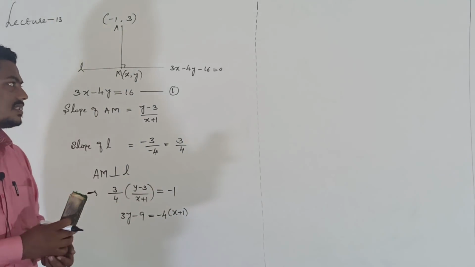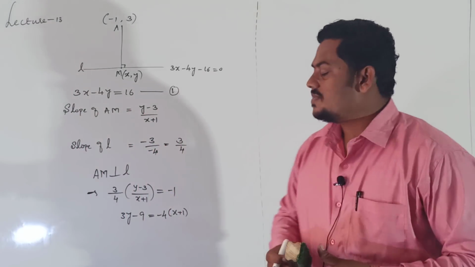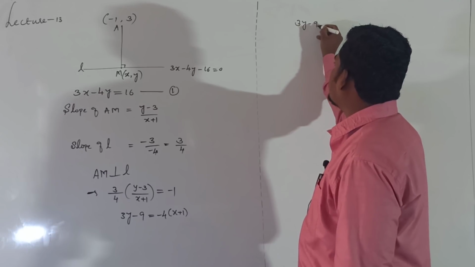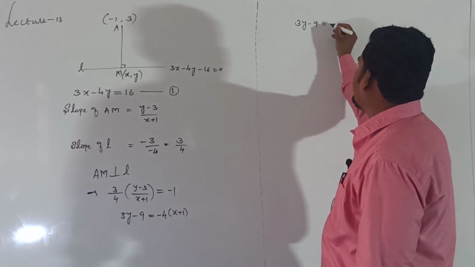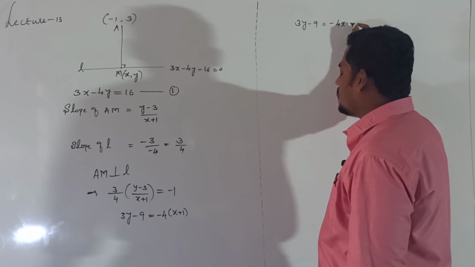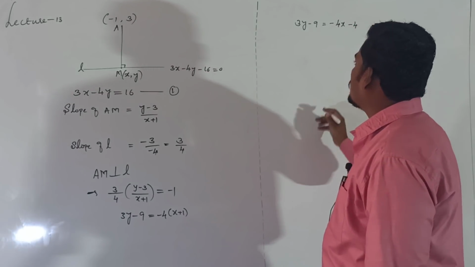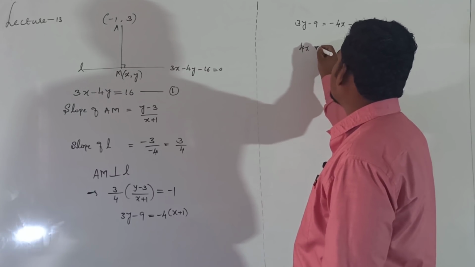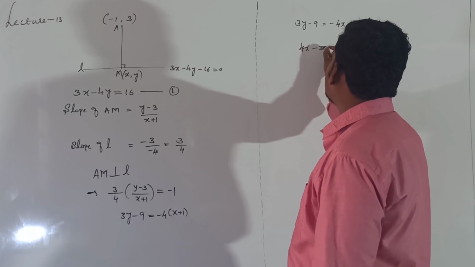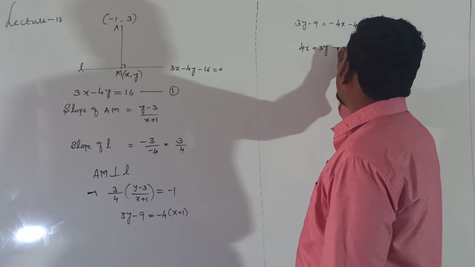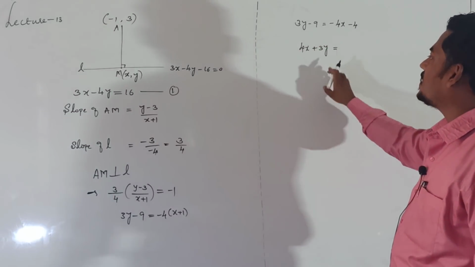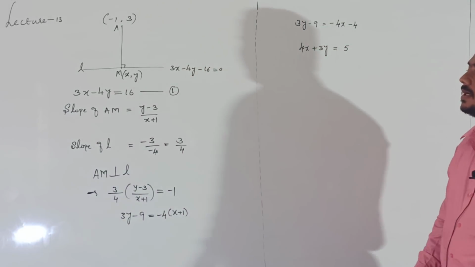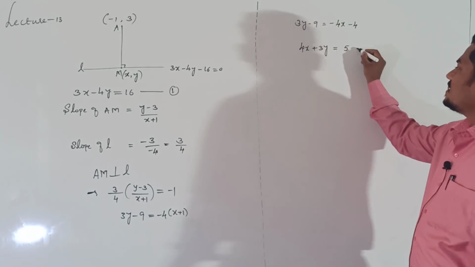After that, rearrangement. 3y minus 9 is equal to minus 4x minus 4. Then rearranging, 4x plus 3y is equal to 5, right? Take this as equation number 2.